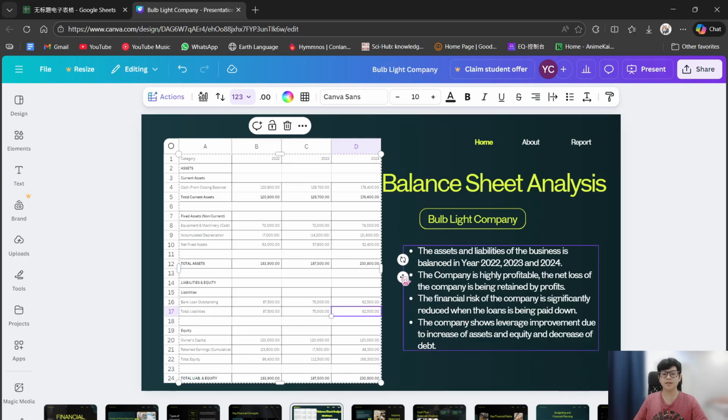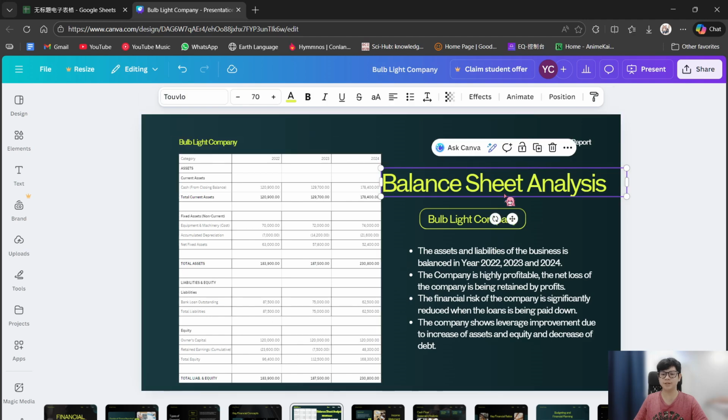Therefore, it also shows that our company has high liquidity because all the assets come from cash and the earnings rather than the fixed loan and the capital. So that's our company's balance sheet analysis.